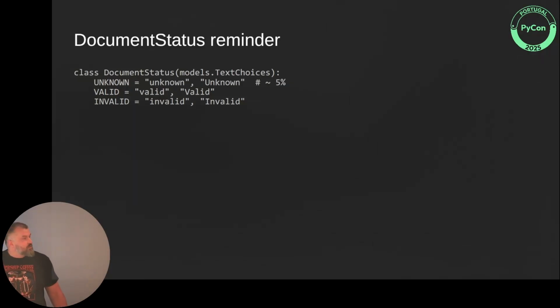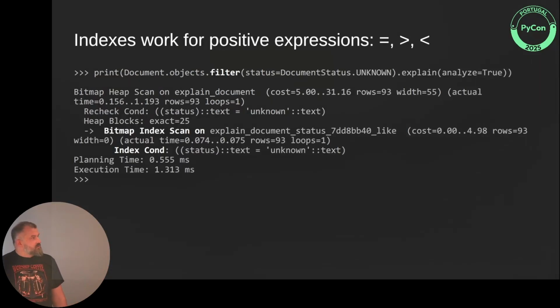A bit of a reminder: we had document status with 3 values, and specifically for the value unknown, I made it so that in the generated data it represents around 5% of the whole data. The property of the index is that it works for positive expressions, so for equality, and because it's a tree structure, it also works for less than or greater than.